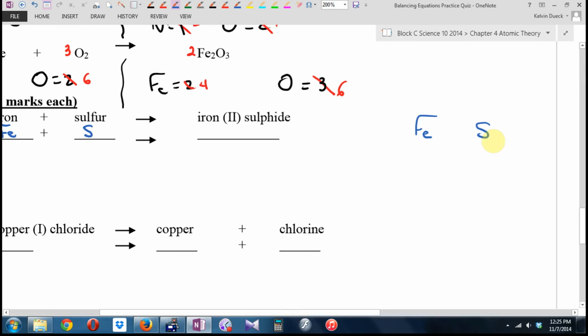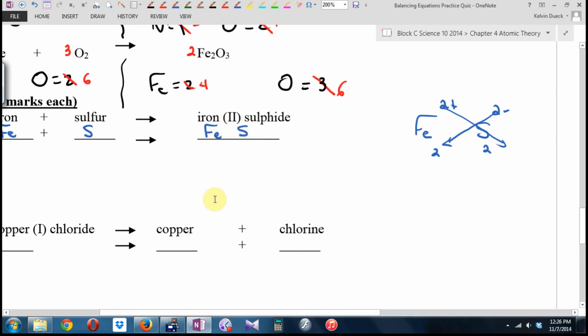What's the charge on sulfur from my periodic table? 2 negative. What's the charge on iron? Several. Which one do they want me to use? How do I know they want me to use the 2? Because of the Roman numerals. Oh, this one crisscrosses quite nicely. It gives me a 2 and a 2, although I would reduce that to lowest terms.